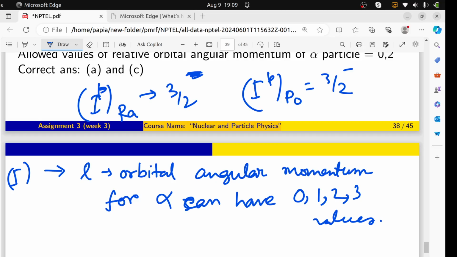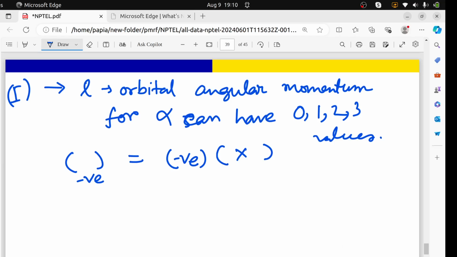Now coming to the parity concept. Parity should be conserved here. So what does it mean that parity should be conserved? Parity on the left hand side was negative. That should equal the right hand side multiplication of parities. On the right hand side, for polonium the parity was negative. For the alpha particle the parity we don't know. Let's say X. So X should be positive.